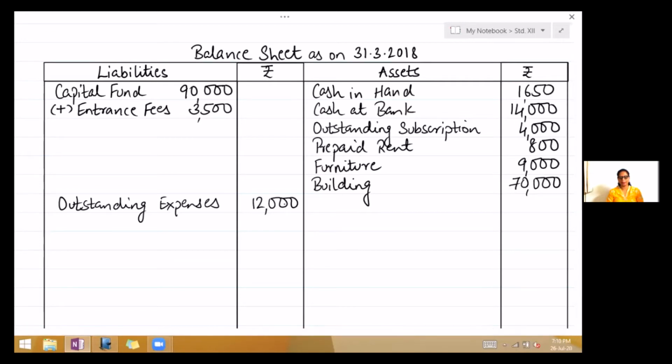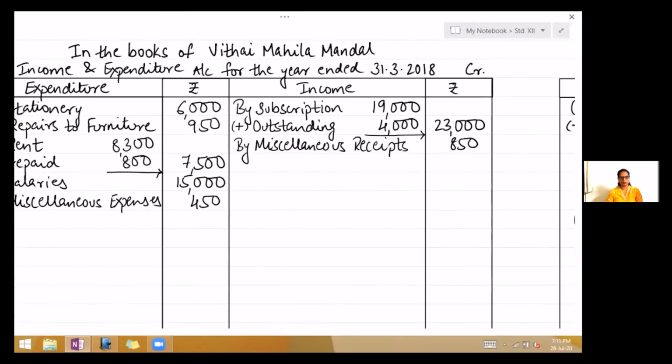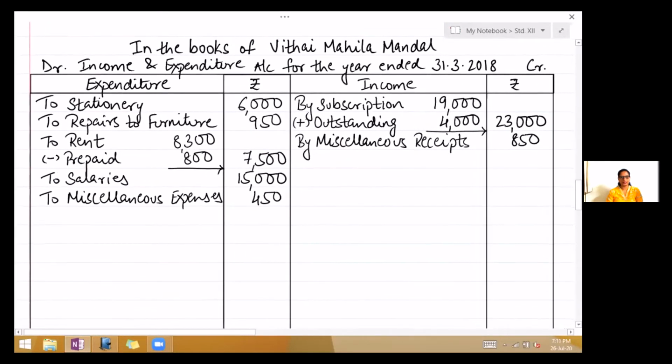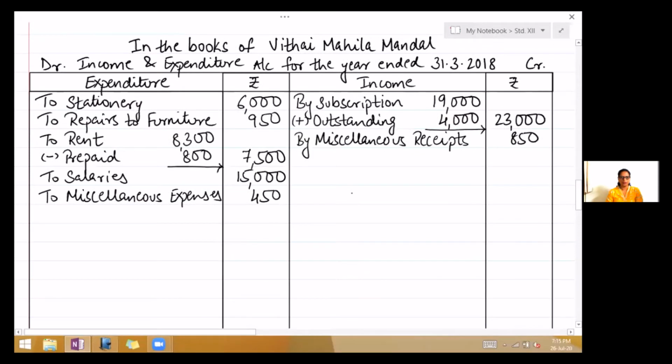So next step, you will close income and expenditure account. See which side is greater. Take the totals of the debit side and credit side. Find out which side is greater. So your credit side total is 23,850. Total up the debit side.